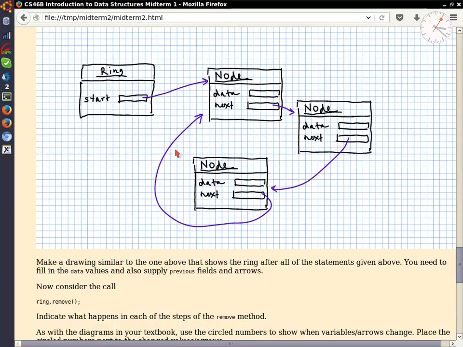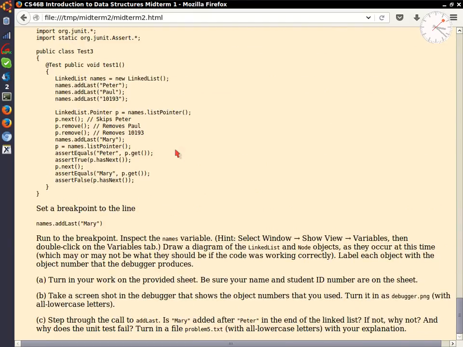The second question was the one with the debugger.